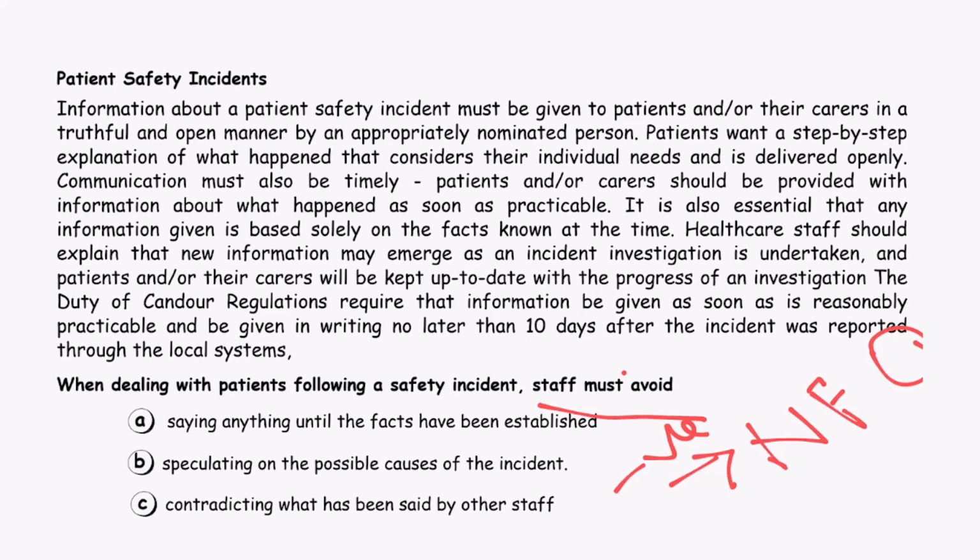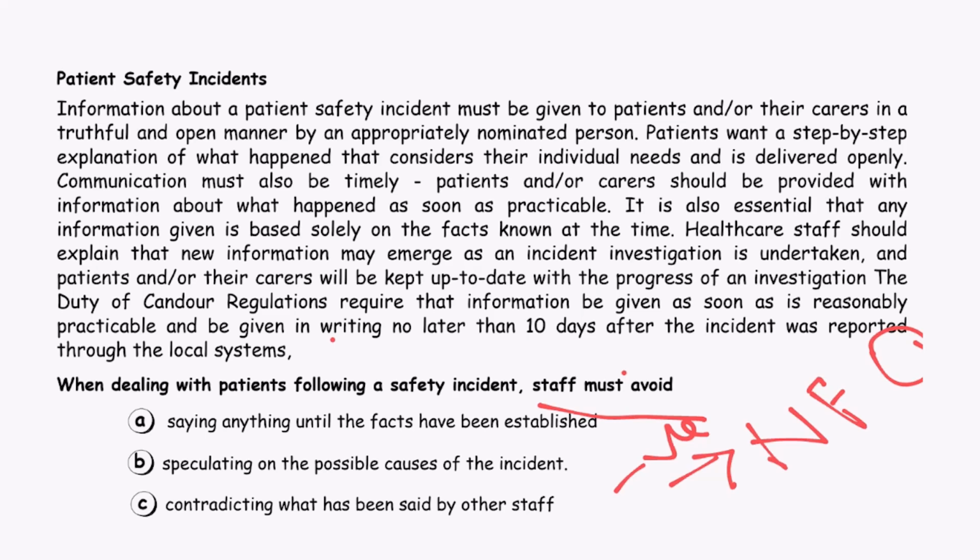Okay, so which means we have to share or declare the information about the patient safety incident. So we have to declare the information to patients as well as their relatives in a truthful and open manner. Okay, so open hearted or straightforwardly, we have to explain with the appropriately nominated person.